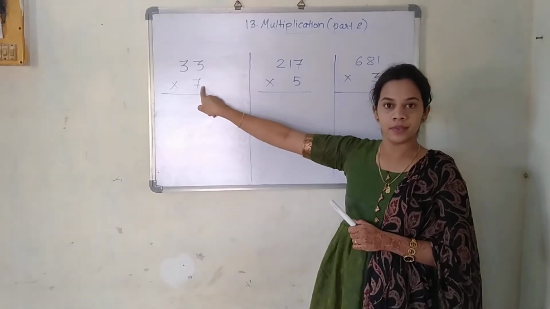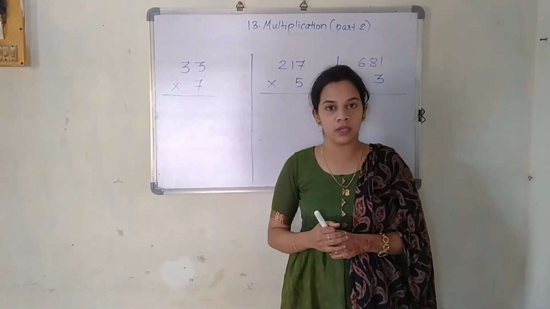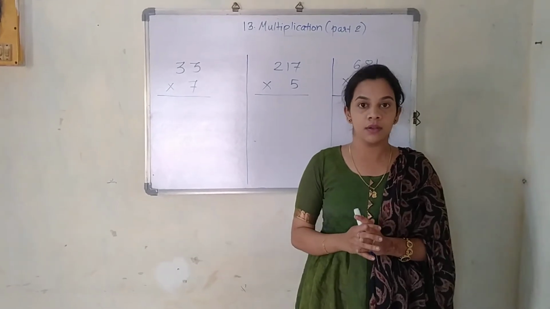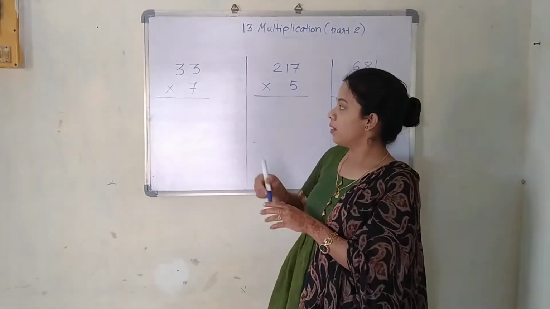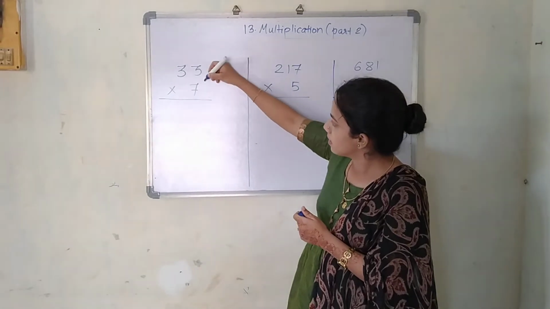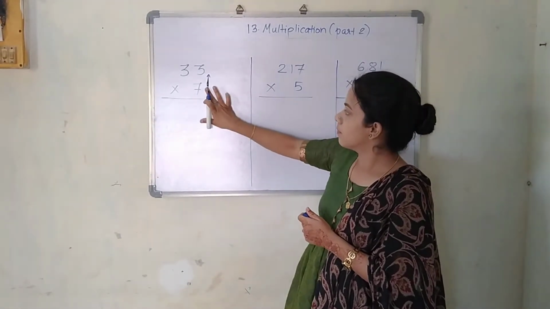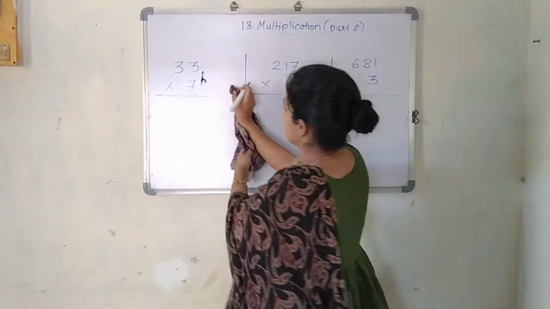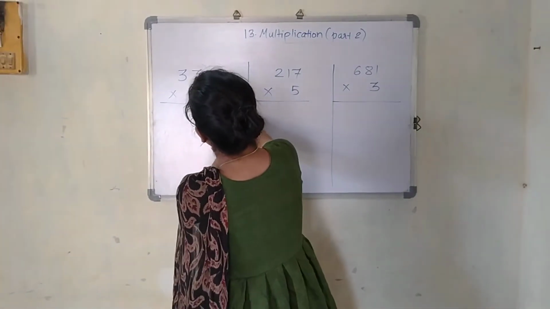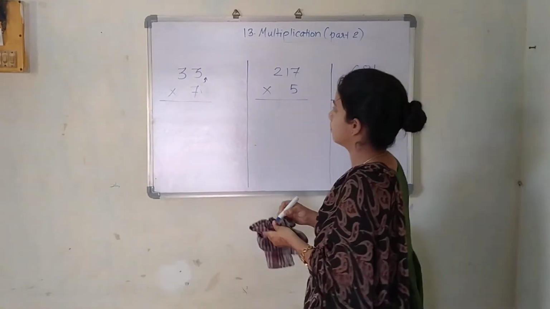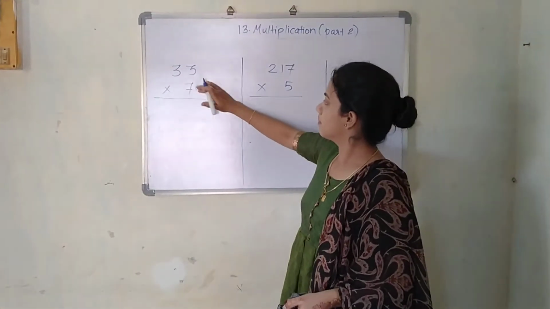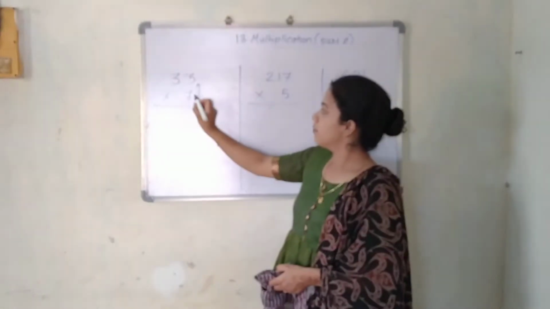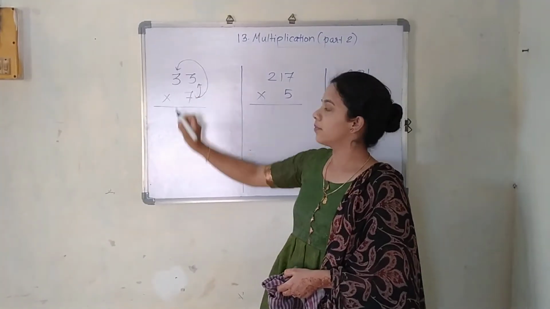So now just see. Here it is 7. Now you know the table of 7. I hope you all know the table of 7. Tables are a must. So how are you going to multiply? You are going to multiply this 7 with 3 and then 7 with this 3.